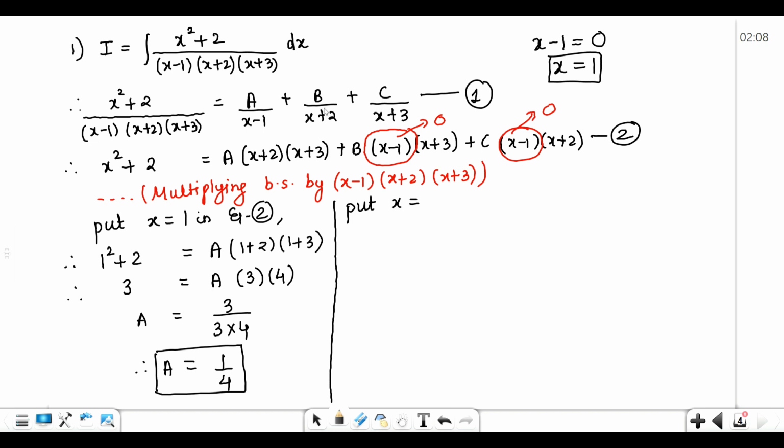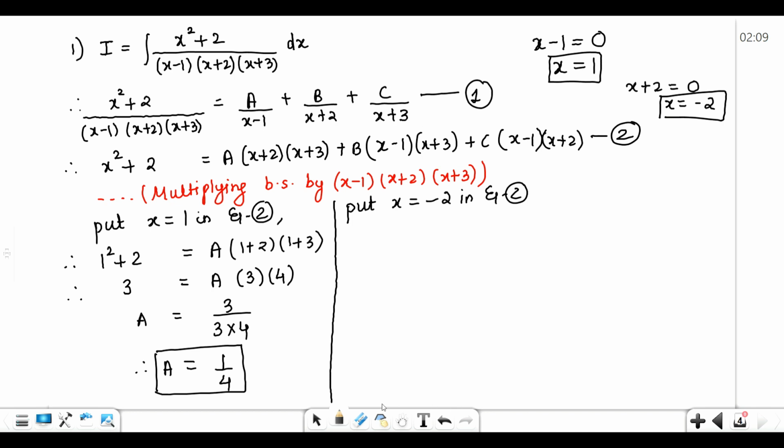So when you equate x plus 2 is equal to 0, we come across x is equal to minus 2, right? So we'll substitute x is equal to minus 2 in equation 2.